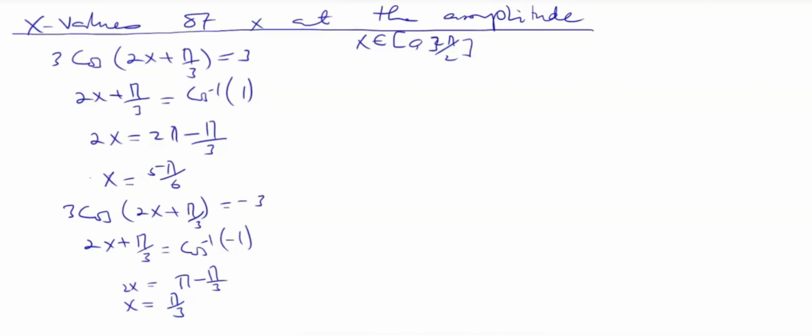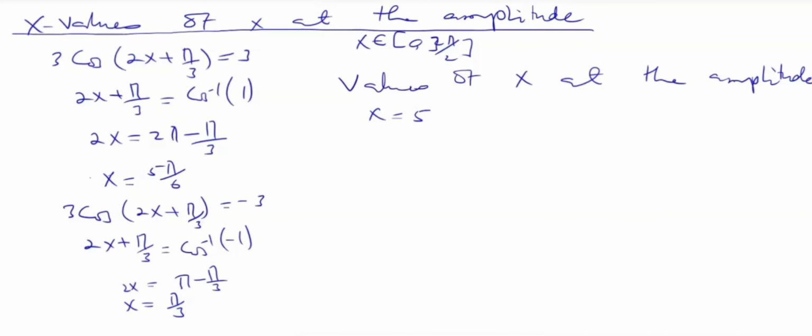If I add pi to this, the values of x at the amplitude are 5 pi on 6, so that's 1. The other one was pi on 3.